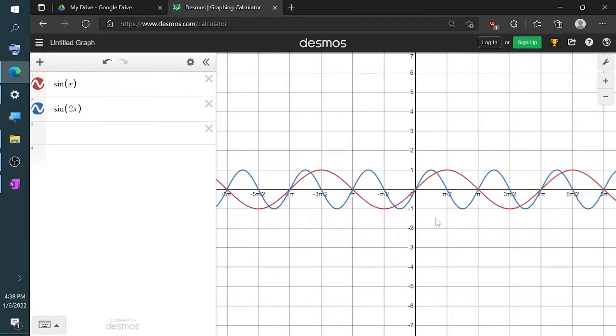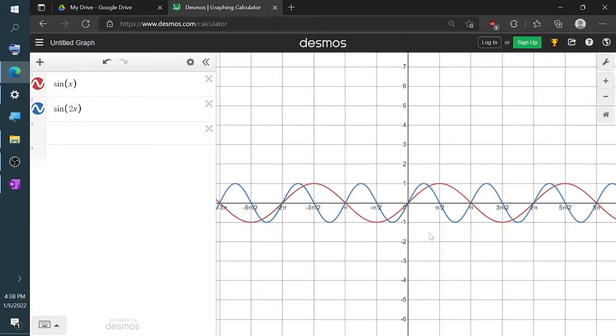For both the red graph and the blue graph, the midline is still at y equals 0, and there's 1 unit of vertical distance between the midline and the peak. So multiplying the input affects the period, but doesn't affect the amplitude or the midline at all.